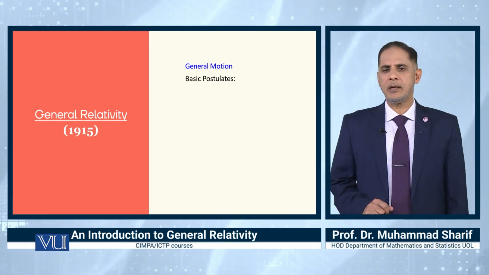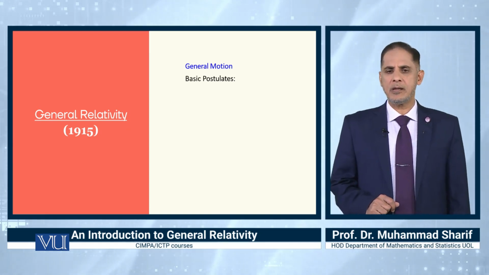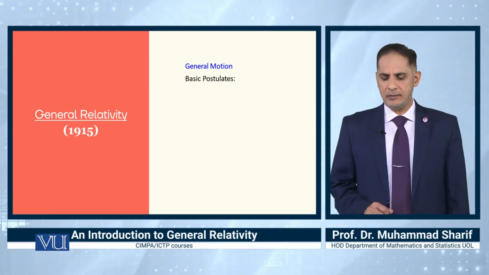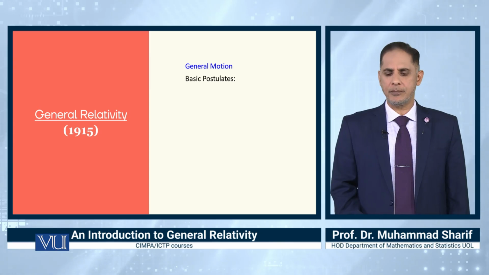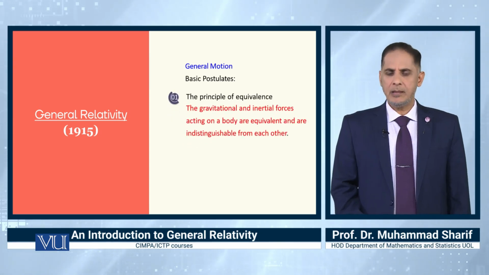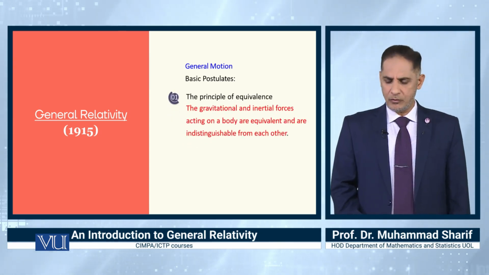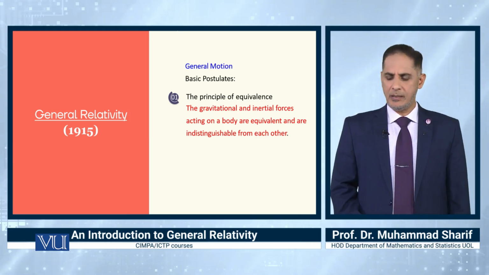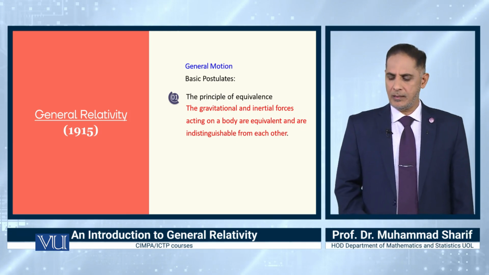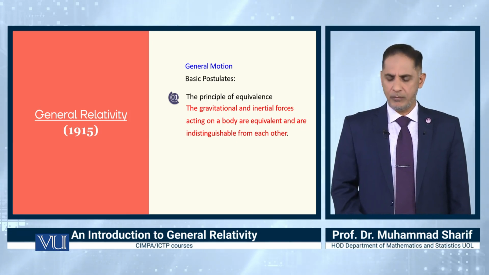This was developed in 1905, but Einstein spent almost 10 years to generalize this theory, and this is true for arbitrary motion. Again, he based it on the following two postulates. The first one is the principle of equivalence, that is, the gravitational and inertial forces acting on a body are equivalent and are indistinguishable from each other.